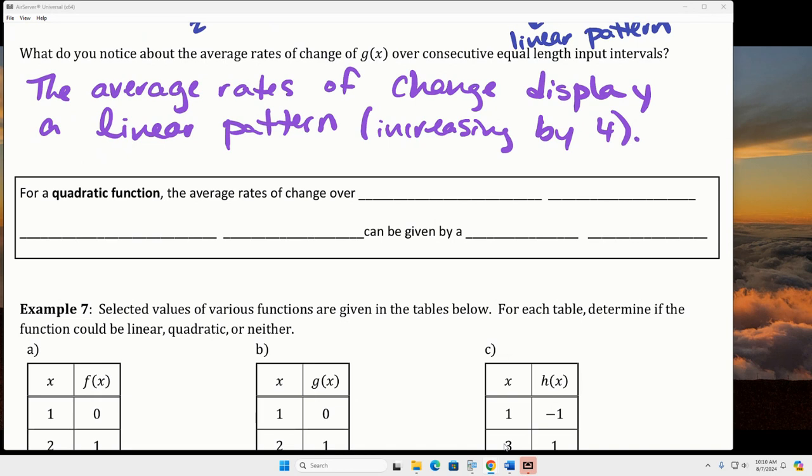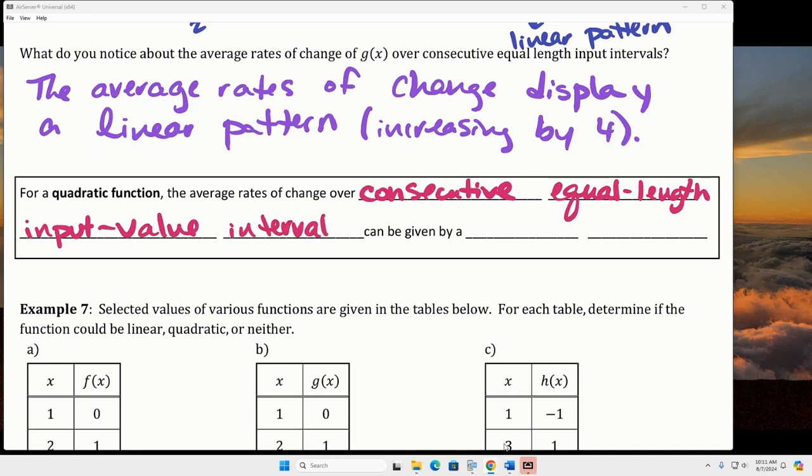So in this box, this is an important box because this is how it's going to be worded on the multiple choice questions. For a quadratic function, the average rates of change over, and these words are important, consecutive, equal length, input value, intervals, can be given by a linear function.